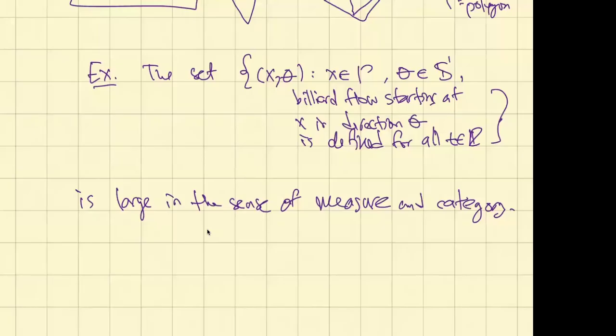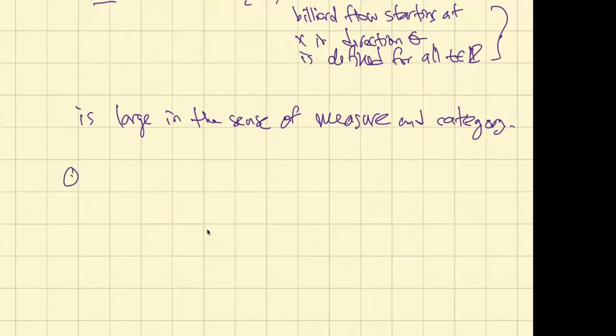Okay, so this is the billiard flow, and we're interested in studying how points move in it, and people study it from various angles. Here's the question that was asked by Ernst Straus in the 50s.